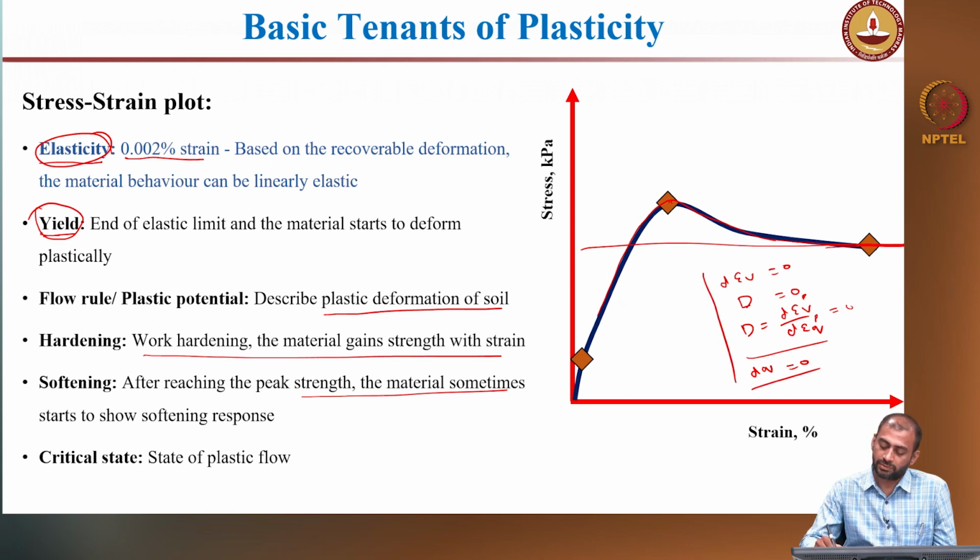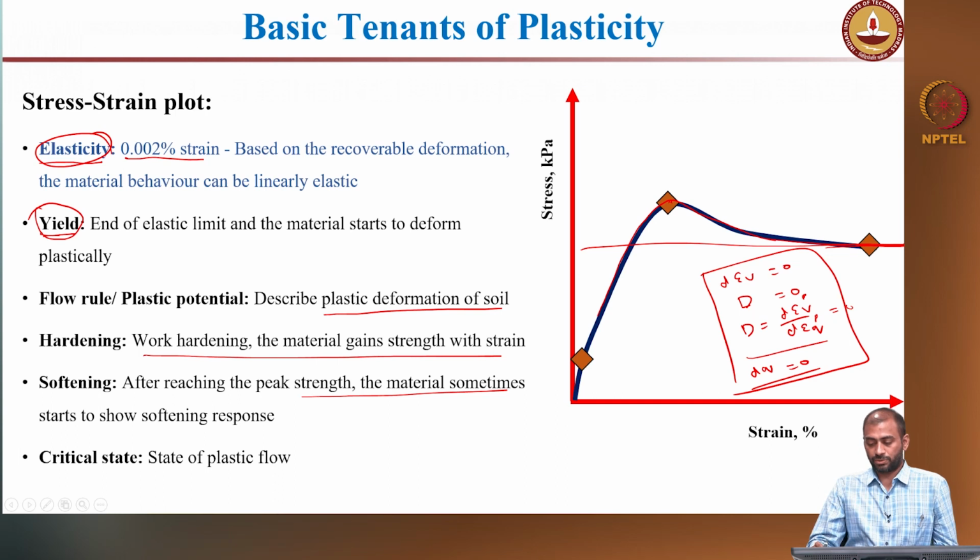So these are the conditions when the material reaches critical state, right. Once the material reaches critical state, we can choose that to be a state of complete failure, right.